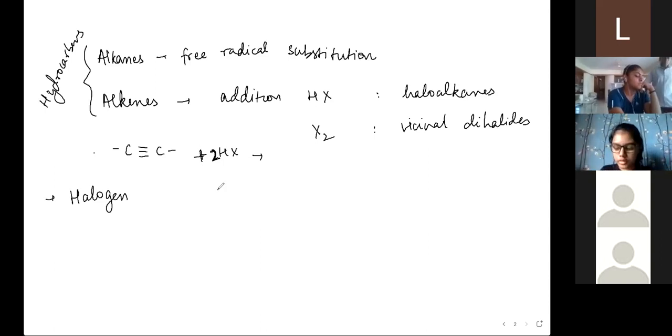So we started off with an alkyne. We added HX to it. We got an alkene, correct? Work it out and tell me what you get when you add 2HX to an alkyne.